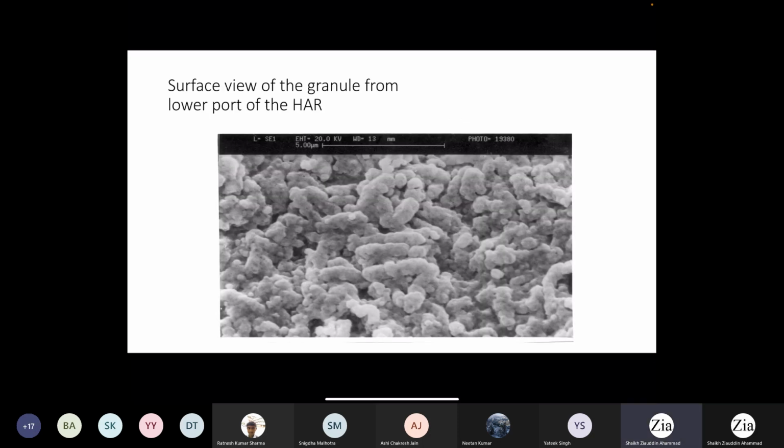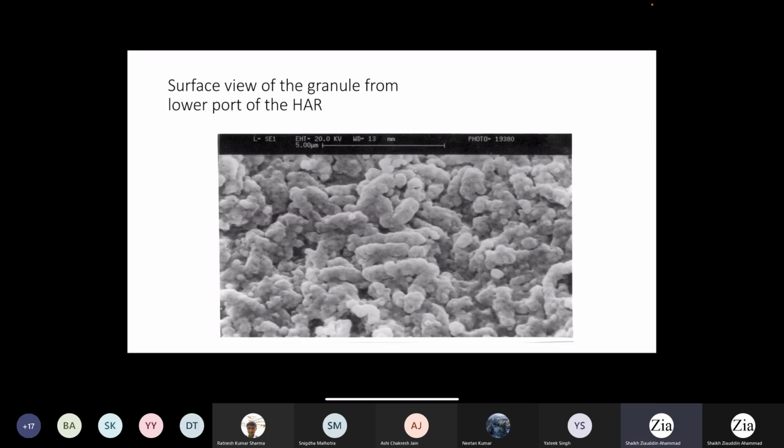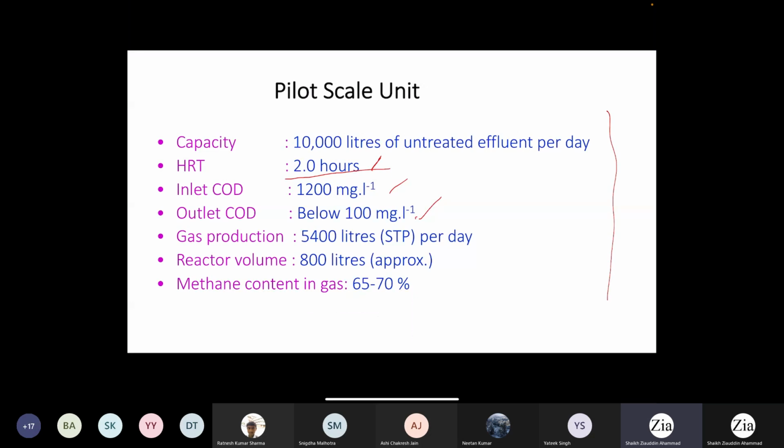At different levels, based on the substrate availability, you can see an abundance of different kinds of bacteria. In the earlier part, it's showing the upper port of the HAR. Upper port means the upper section of the hybrid anaerobic reactor. You get a different kind of biofilm compared to the lower port because substrate concentration may vary at different levels.